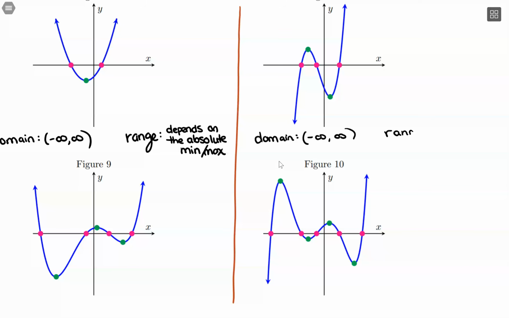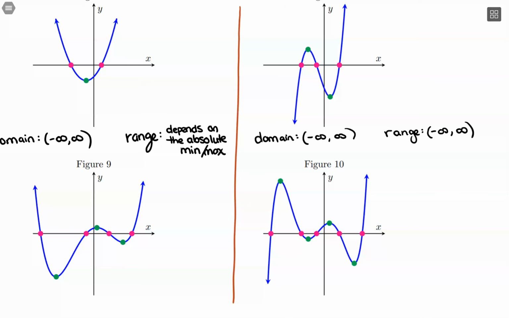For the range, as we talked about with the long run behavior, it's usually starting at negative infinity, then goes off to positive, or even if it's flipped, it comes from positive and goes down to negative. It's covering the entire y-axis. So we can have absolutely any y value for these odd degree polynomials. So the range is also all real numbers.